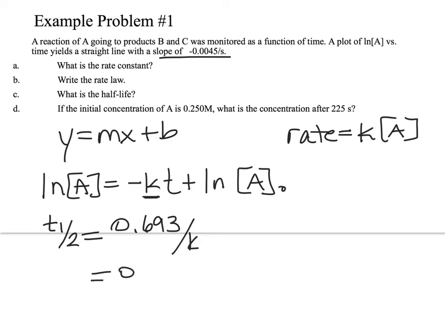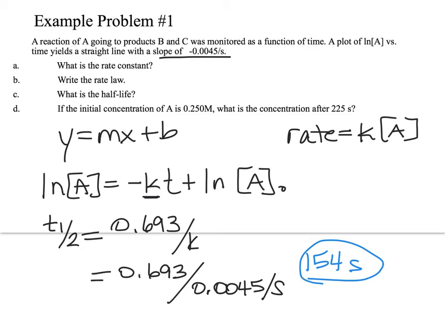So in this case, it's 0.693 divided by 0.0045 per second. Because I'm dividing by seconds, my answer will be in seconds, 154 seconds. Remember the half-life is the time needed for 1/2 of A to react.